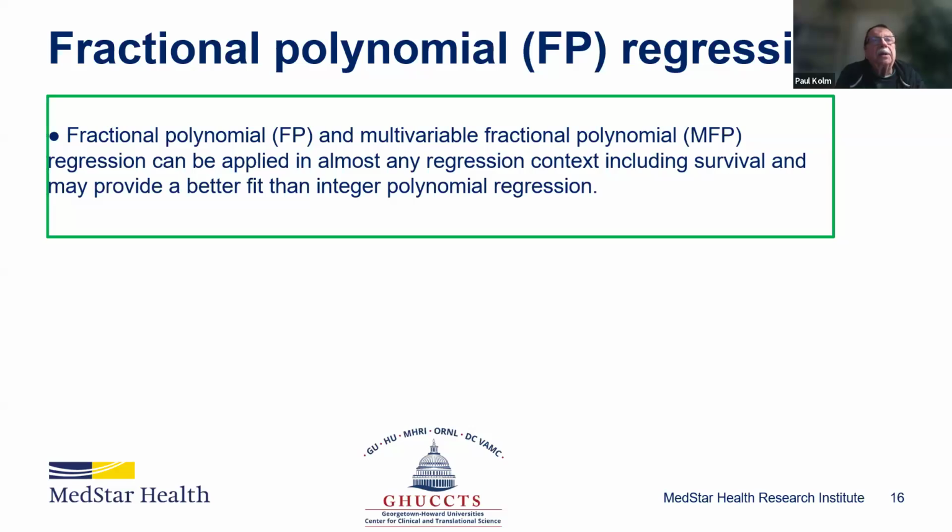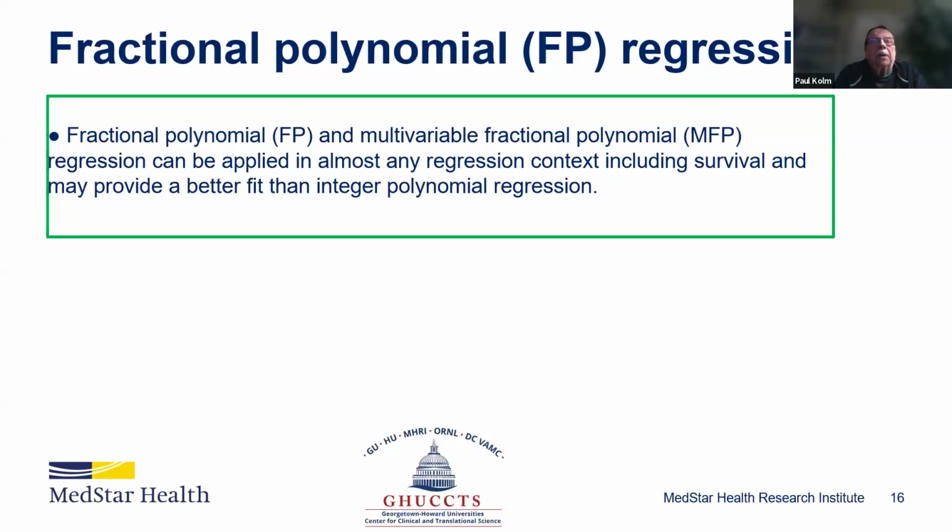In contrast to integer polynomial regression, what we're going to do is raise the independent variables to a fractional power. The advantage of fractional polynomials is that we can use this in almost any regression context, including survival or time to event.